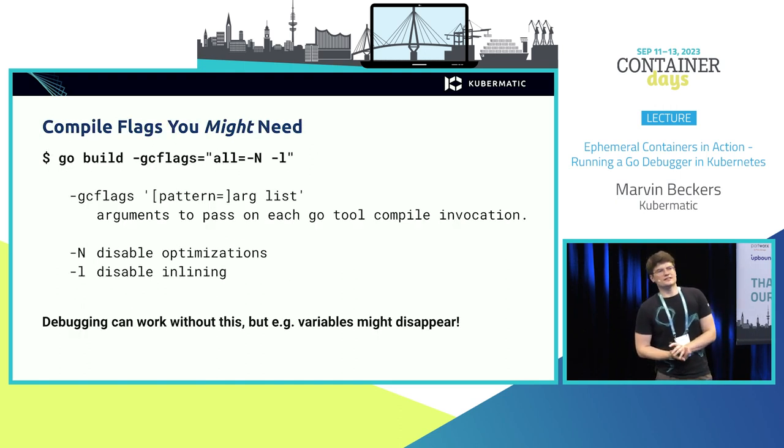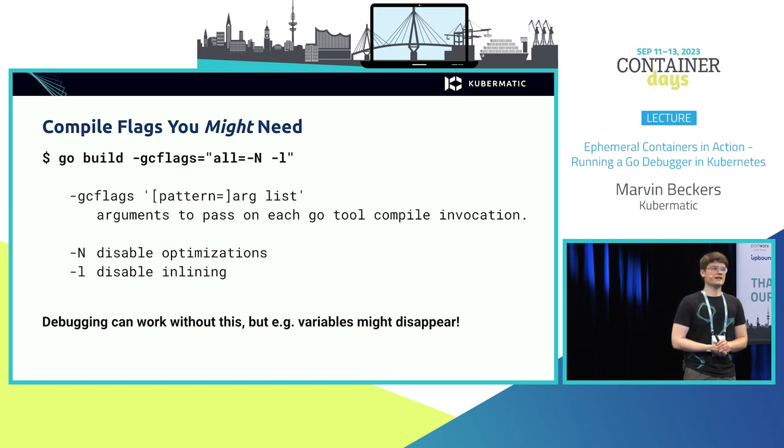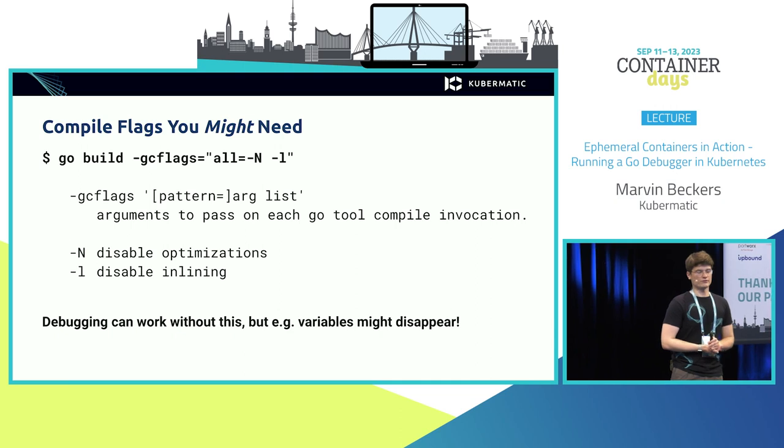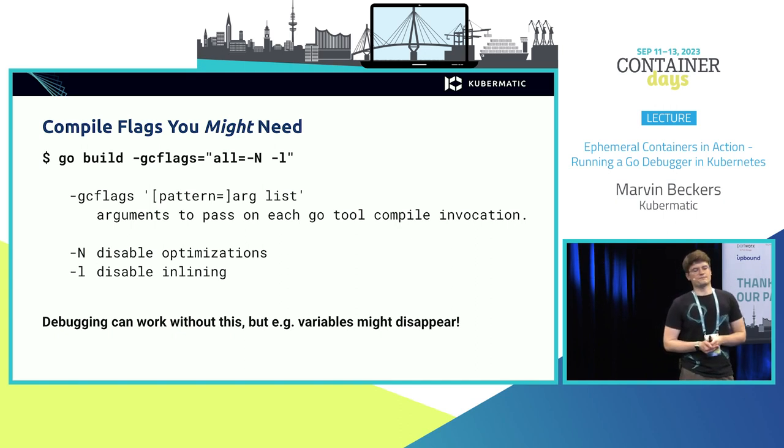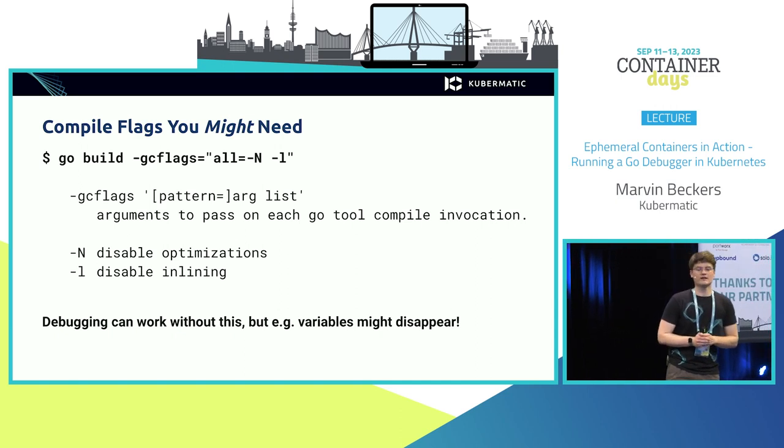Now there's also something else. If you want to debug an already compiled Go application or Go binary, you can do that with Delve. You can attach to a Go binary. The problem is you might want to set these flags here.